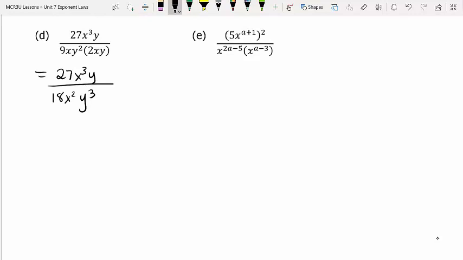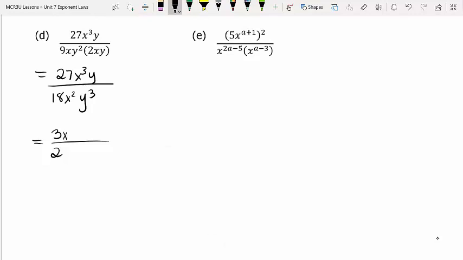So first let's simplify 27 over 18. Okay, so both of those numbers can be divided by 9, so let's reduce that fraction. Now let's use the quotient rule to divide x to the power of 3 divided by x to the power of 2. So we subtract those exponents and we just get x to the power of 1.